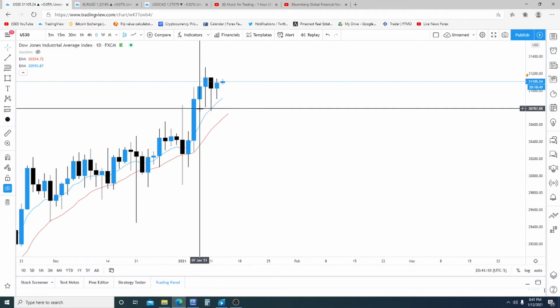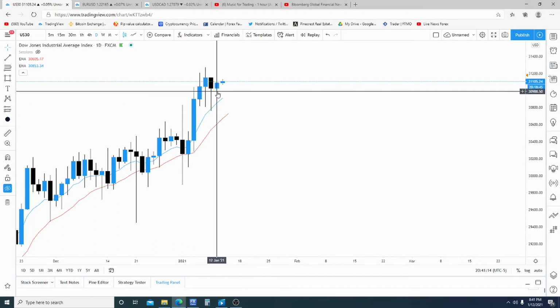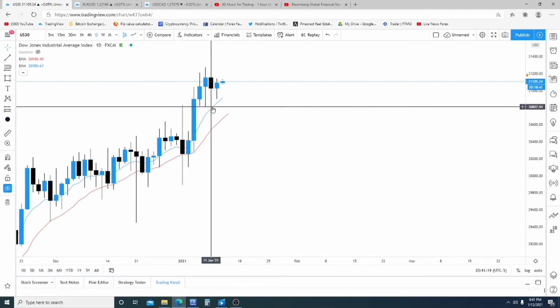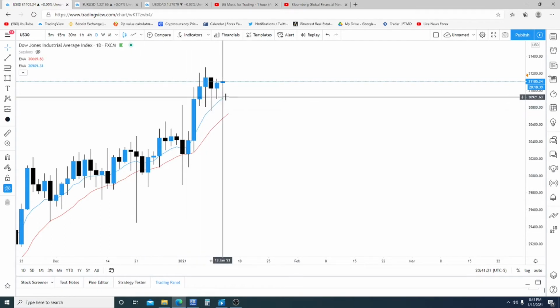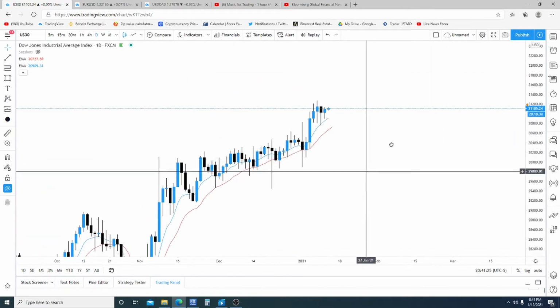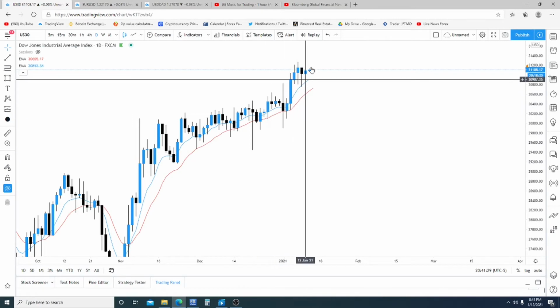Price did come in not once, but twice, three times and four times. It rejected multiple times after coming down and touched our EMA, and it is on an uptrend, creating higher lows and higher highs.